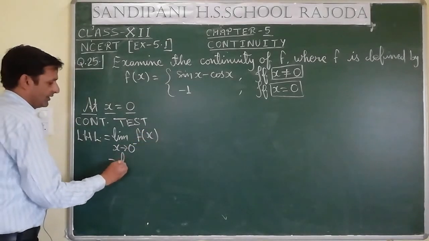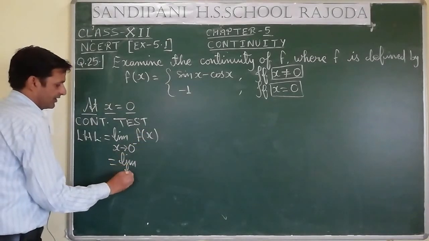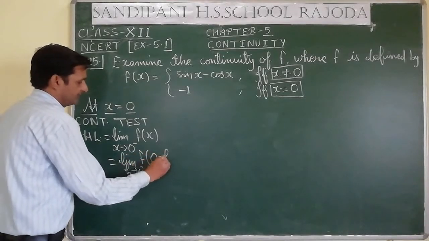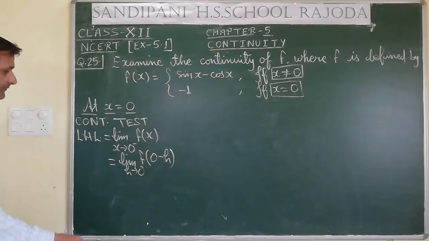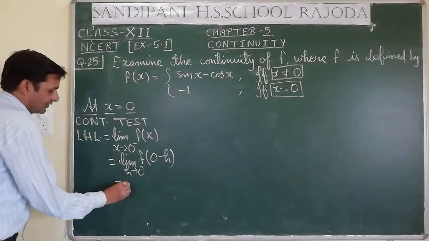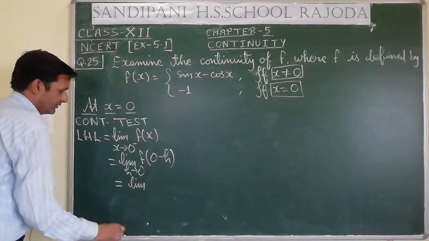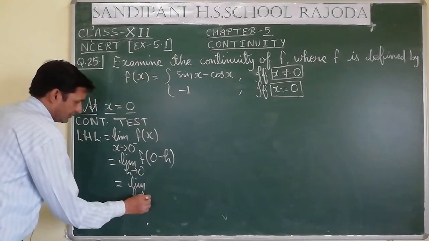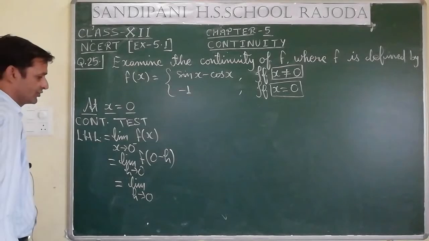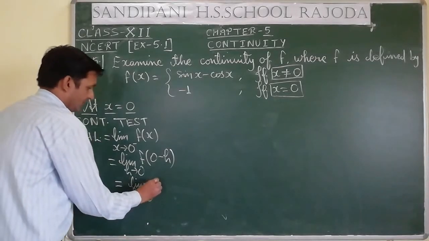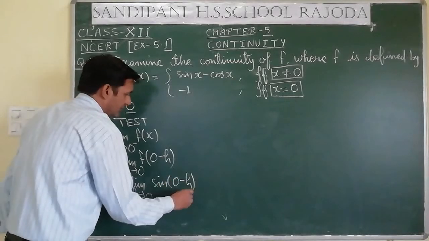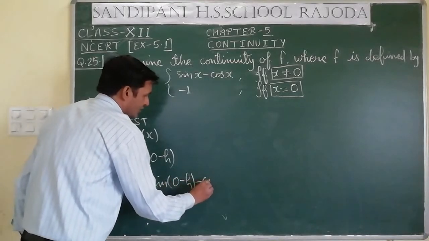It will be equal to limit h tends to 0, f of 0 minus h, that is equal to limit h tends to 0, sin of 0 minus h minus cos of 0 minus h.